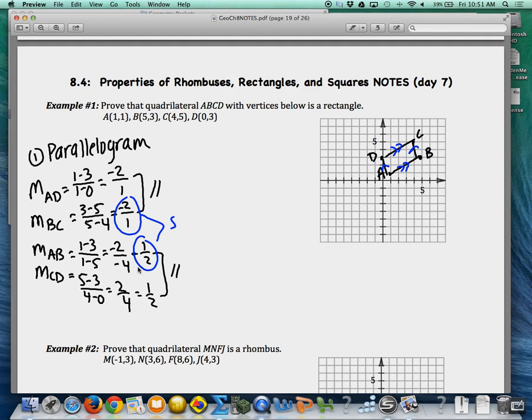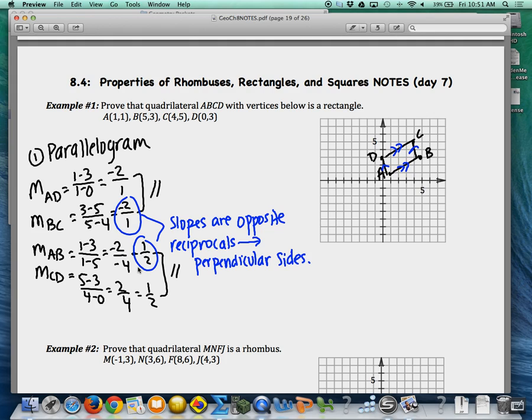Okay, so we're going to say slopes are opposite reciprocals, which tells us that we have perpendicular sides. Okay, so have we proven that this is a rectangle?